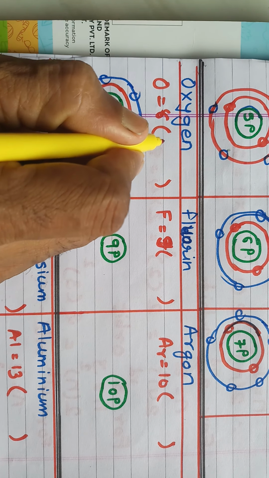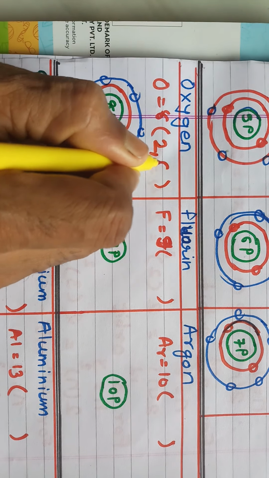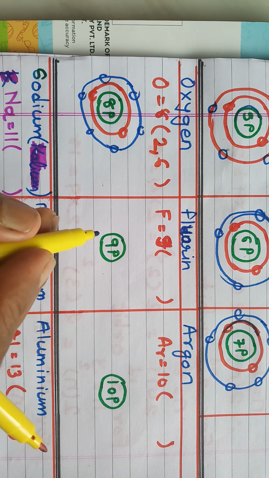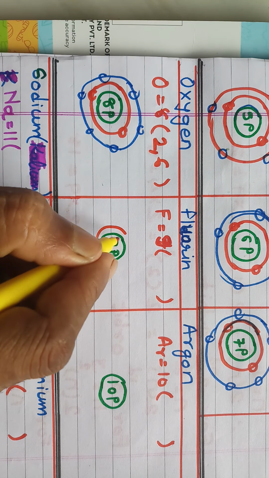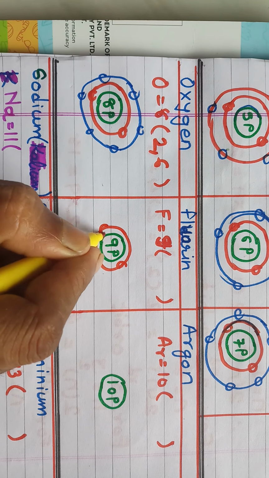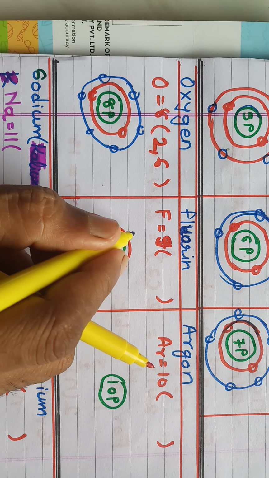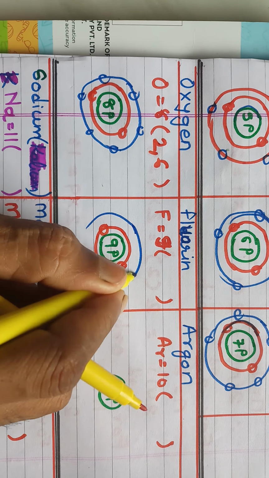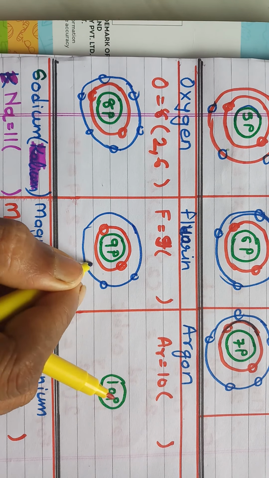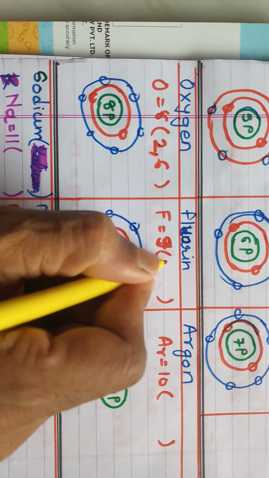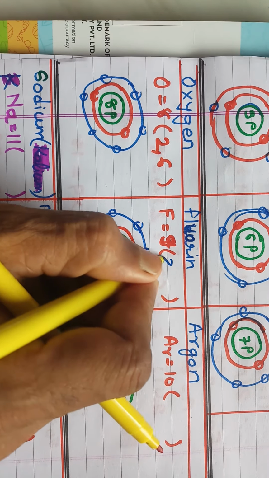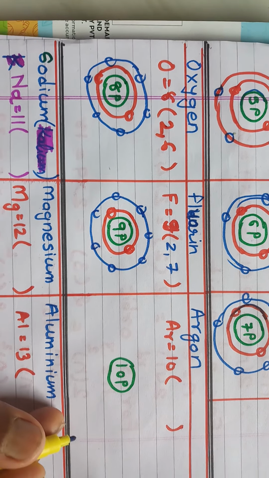So the electronic configuration of oxygen is 2 6. Similarly, fluorine: in the first orbit there are 2 electrons, and in the second orbit the remaining 7. So the electronic configuration of fluorine is 2 7.